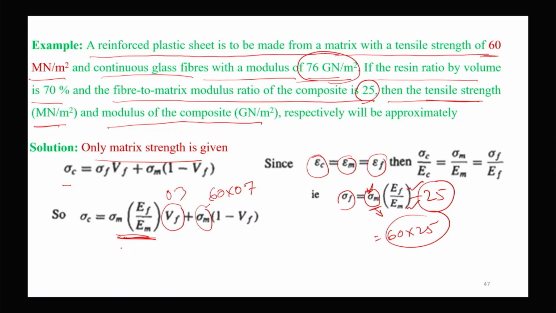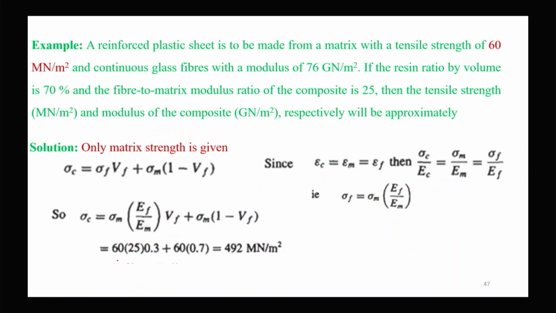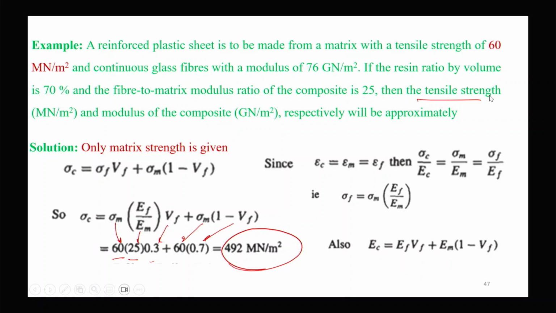So we get 60 multiplied by 25 multiplied by 0.3, plus 60 multiplied by 0.7, and we get the tensile strength. So the tensile strength we have got is 492.